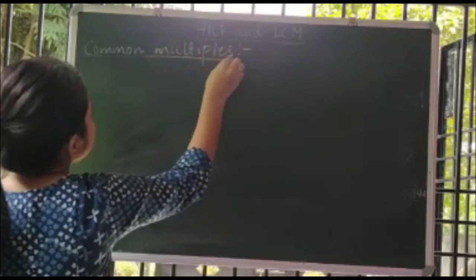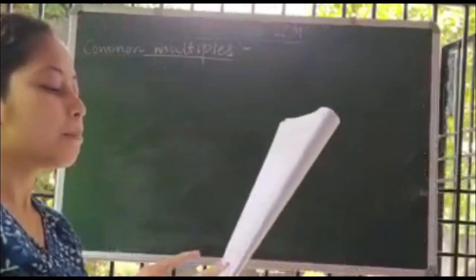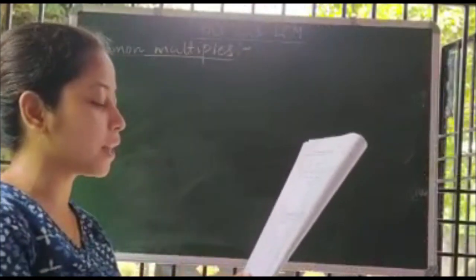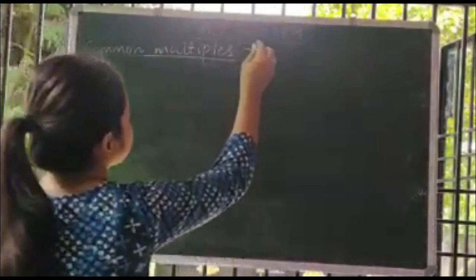We have just learned about factors. Now let us come to multiples. What do you mean by common multiples? Common multiples are multiples which are common to a given pair of numbers.